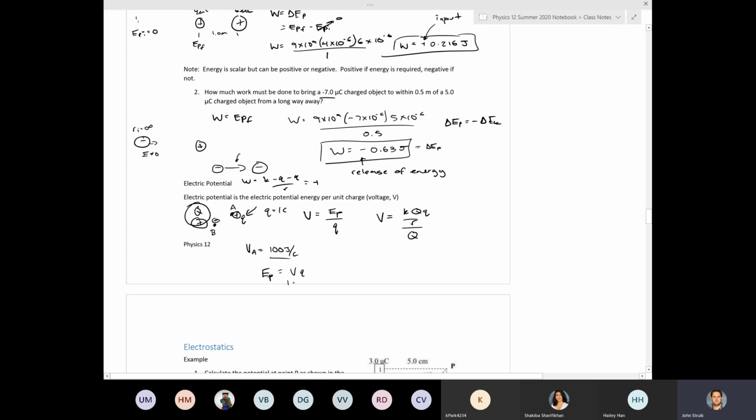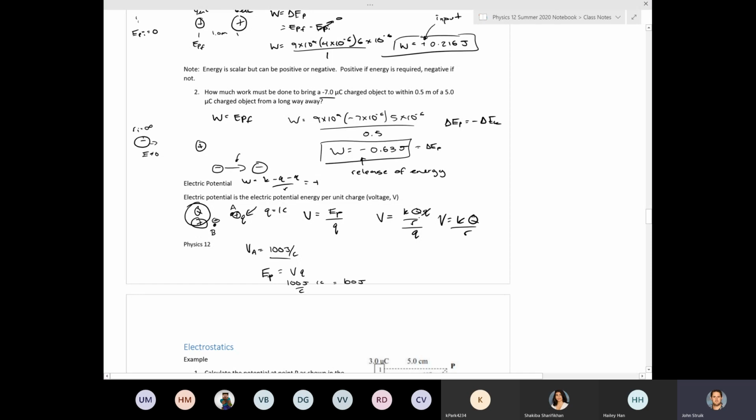And so it would be 100 joules per coulomb times 1 coulomb, and that would be 100 joules. So it's how much energy the charge you bring into the influence of another charge has. I know that's super confusing. Okay, so let me change this to Q, and we get V equals KQ over R.